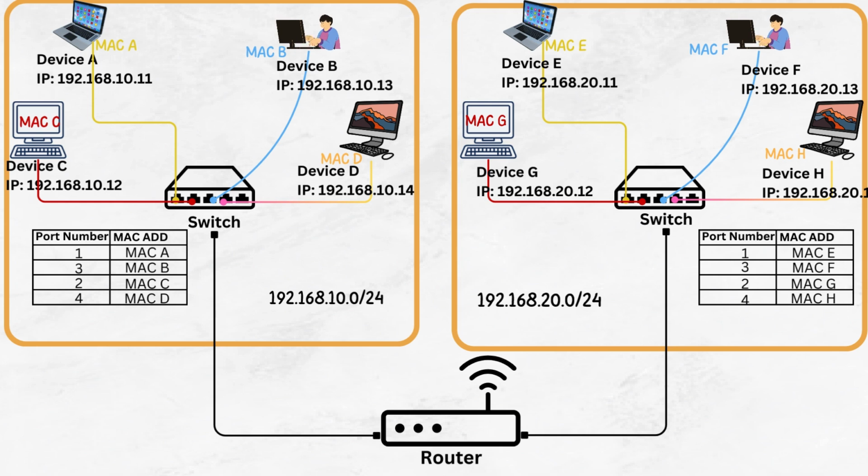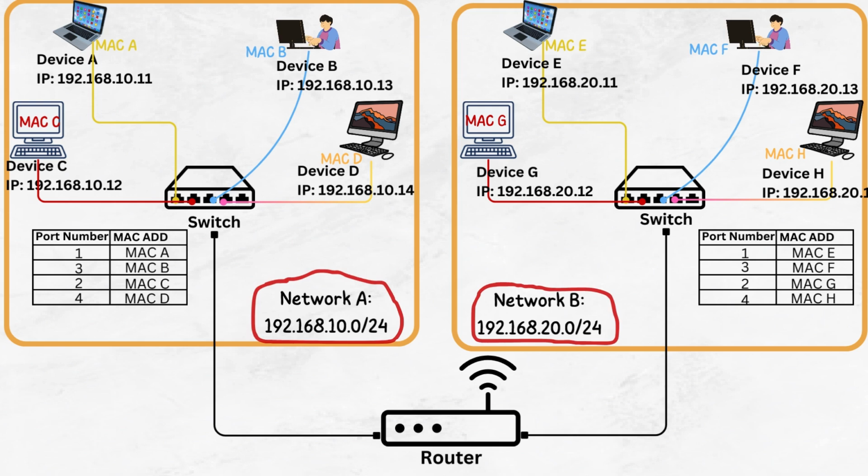Routers operate at layer 3 and use IP addresses to forward data between different networks or VLANs. We will see the VLANs shortly. This allows for inter-network communication. We will now explore how routers, switches, MAC addresses, IP addresses, and the ARP protocol work together to move data from one device to another across different networks.